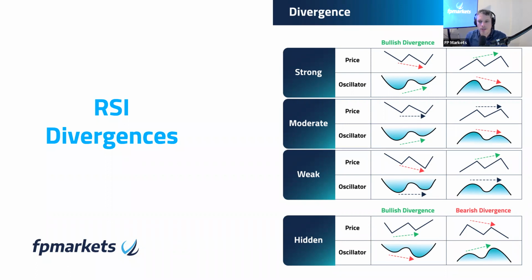So they move in opposite directions, which can provide a very healthy cue of a market turning point. Divergence is essentially a signal that the current trend on the chart has lost momentum, or is losing momentum, should I say. It is the opposite of a confirmation signal, which is when the indicator and price are moving together.